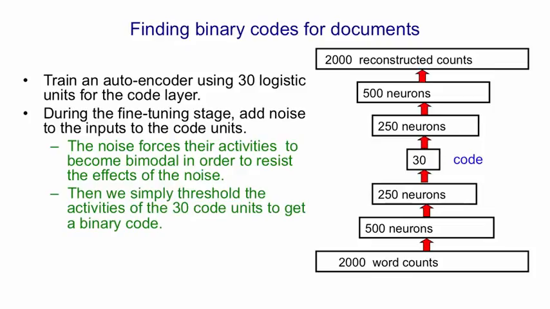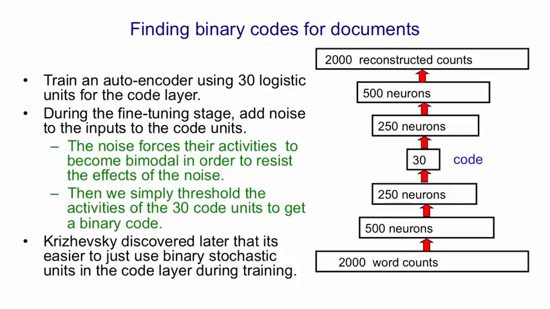So if we can train an autoencoder like this, we will be able to convert the counts for a bag of words into a small number of binary values. In other words, we'll have learned a set of binary features that are good for reconstructing the bag of words. Later on, Alex Krizhevsky discovered that we don't actually have to add Gaussian noise to the inputs to the 30 code units.